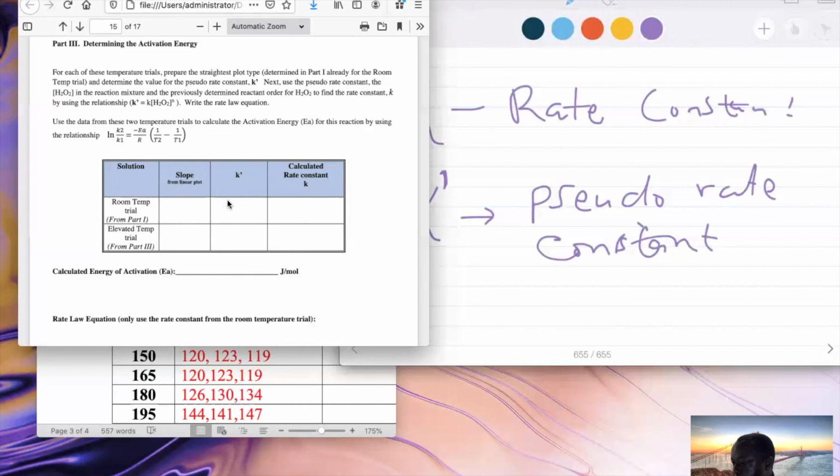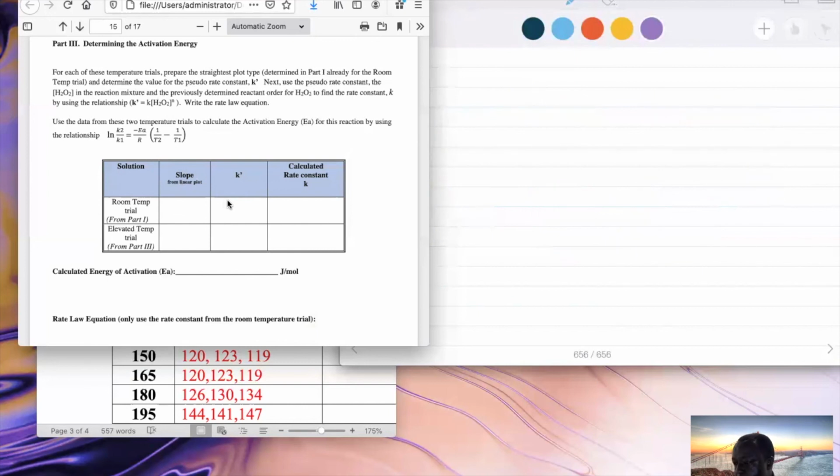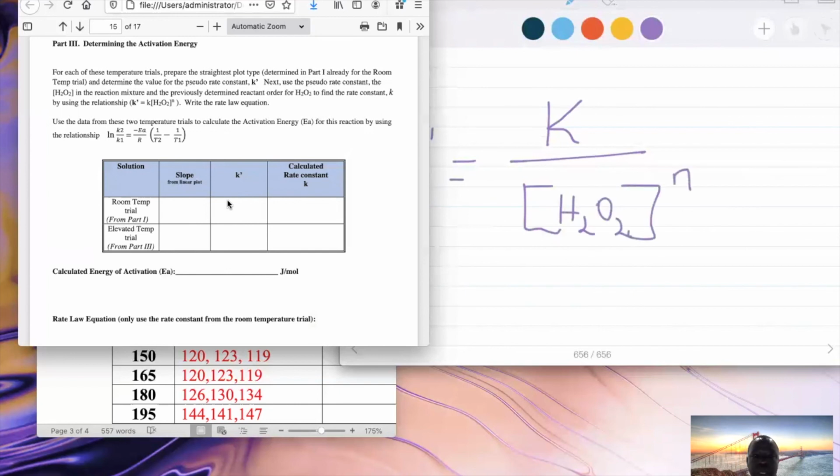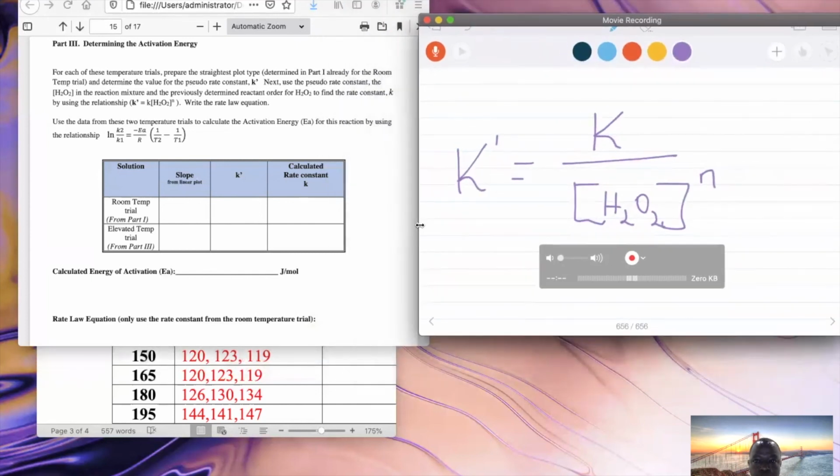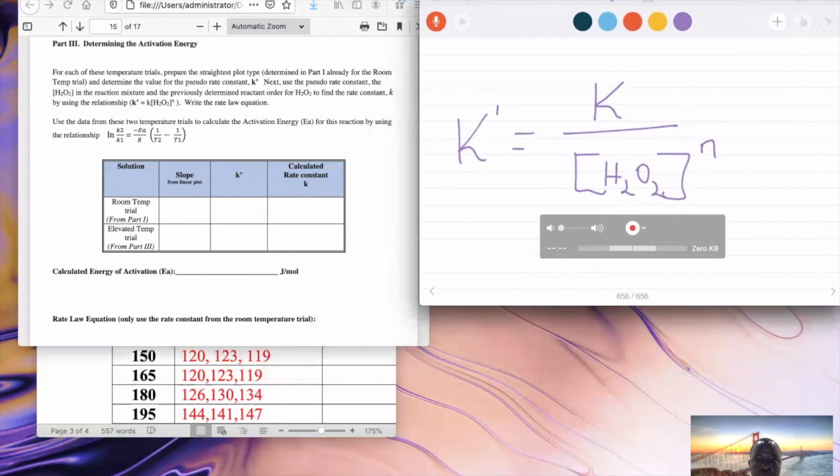So K prime is given by the rate constant from the slope over the concentration of peroxide raised to N, which is the reaction order with respect to peroxide. That's what I'll do to find the pseudo.